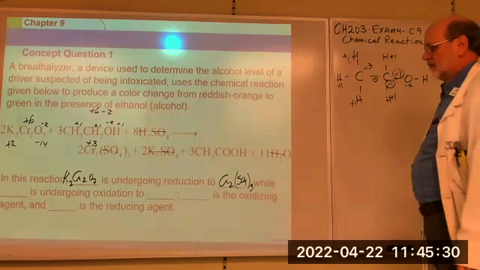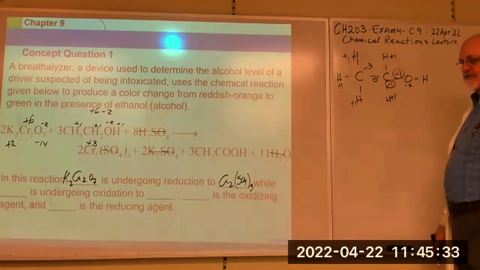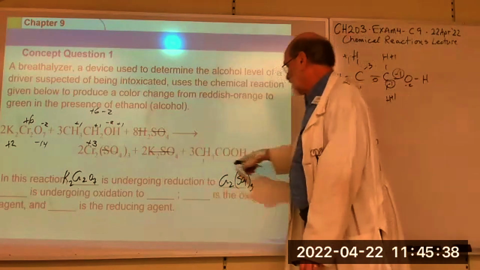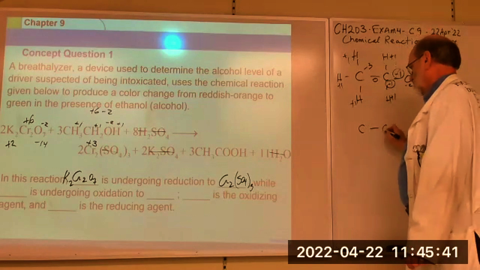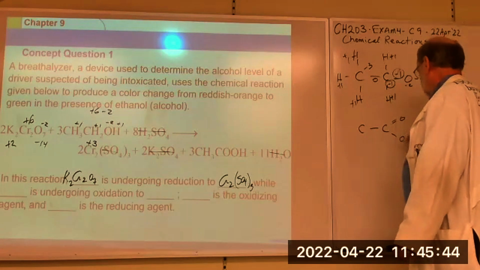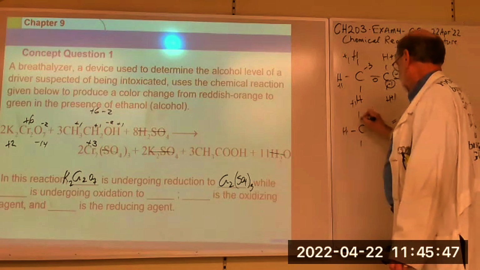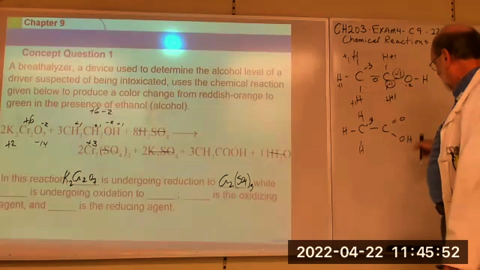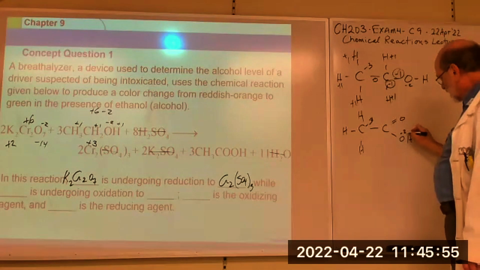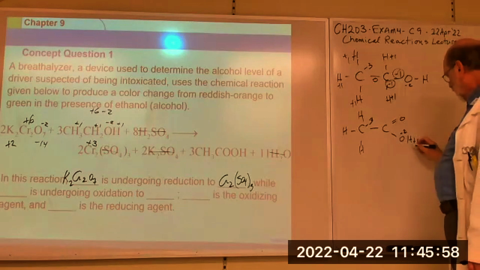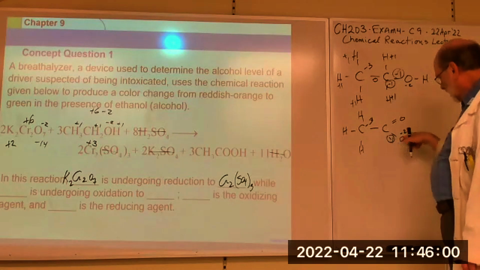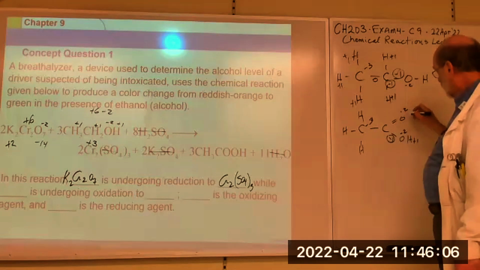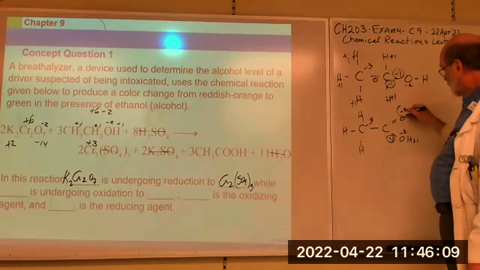So these two carbons are at different oxidation states. I'm not going to give you one like this. That's too much. But anyway, now when you get to this one, this carbon hasn't changed. It's the same as that one. This carbon, though, this is a -2. This is a +1. That means a -1 is delivered from this side because we have to split it between the two. And this one is a -2, which means that all of this -2 goes to that side.